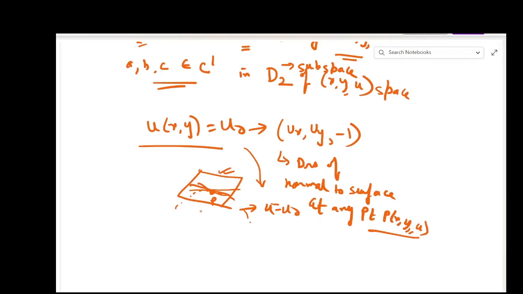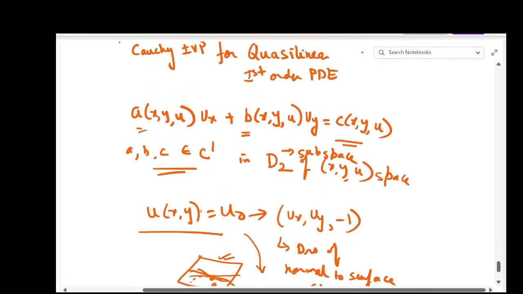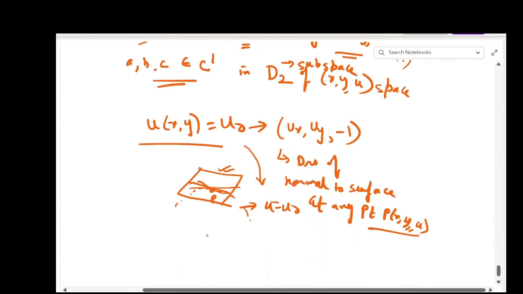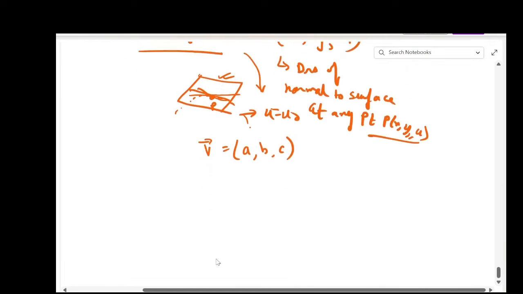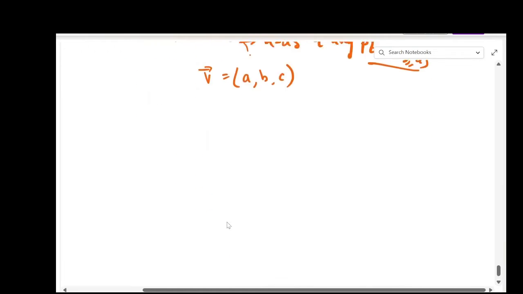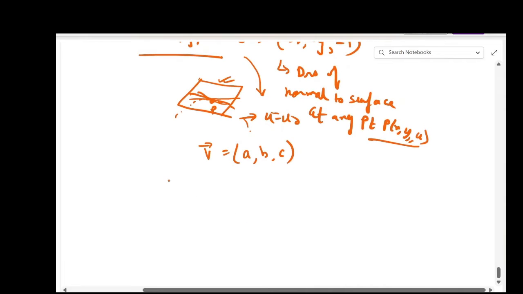Now if you observe the equation given to us, say I consider V as a vector having three components A, B, C. Then equation 1 can be interpreted like this: V dot (ux, uy, minus 1) equals 0.